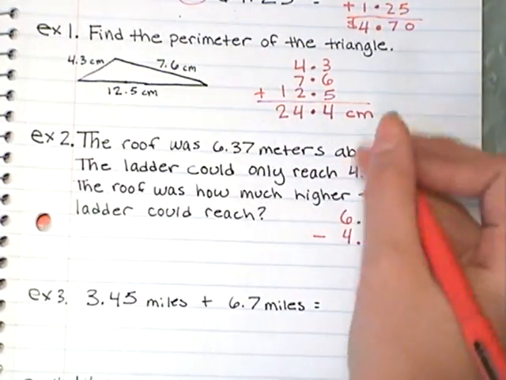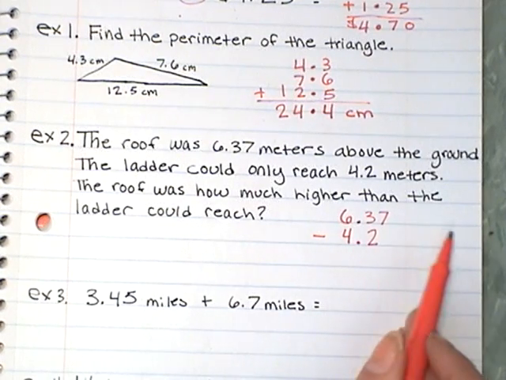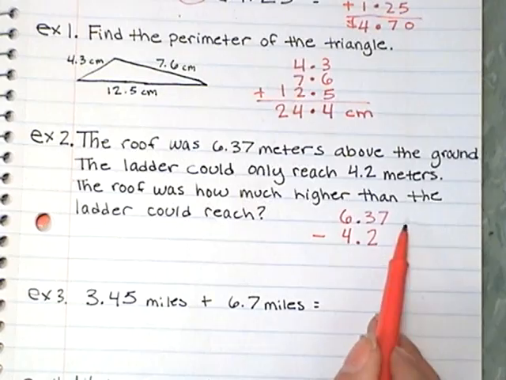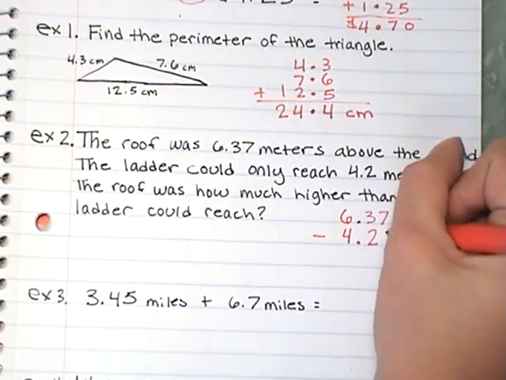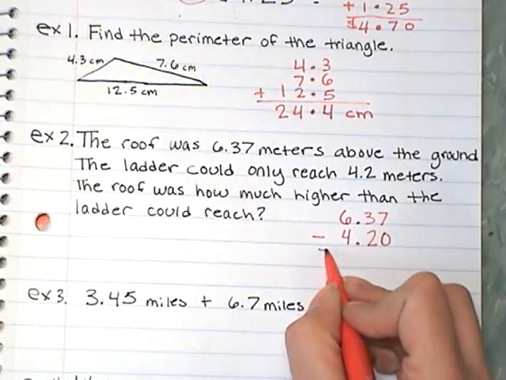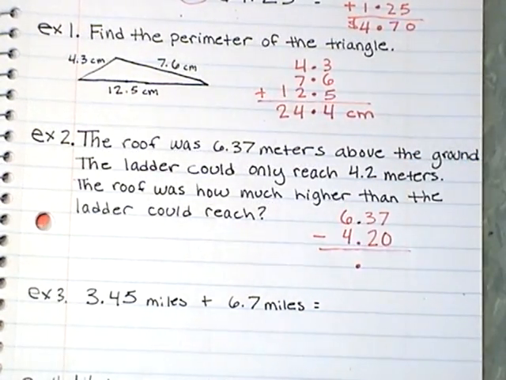And like we've talked about many times, I can add as many zeros as I want going to the right of the decimal point because I'm just saying I have 0 hundredths, I have 0 thousandths. So I'm going to go ahead and write a 0 right here just to make my numbers even and match up. And I'm going to go ahead and do my decimal point in my answer, so I already have it there. Go ahead and do this typical subtraction problem by yourself.